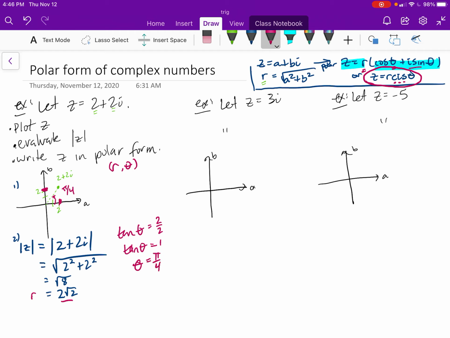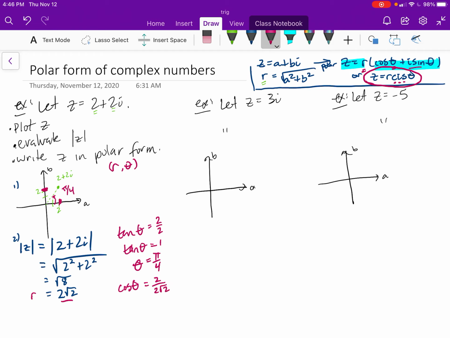Now, like I said, you don't have to use tangent. You could use any of them. For instance, cosine theta, let's just do cosine, is x over r normally, right? Well, the x is the a in this case, so we have 2 over 2 root 2.